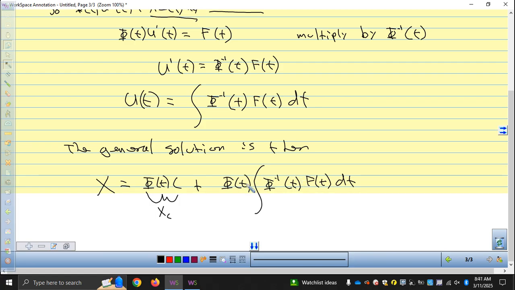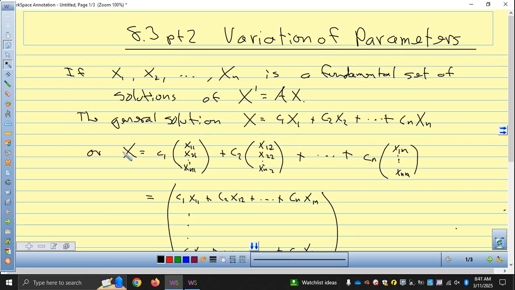So phi of t sort of has to do with the Wronskian. It's just the matrix of those functions that make up the Wronskian. Yes? Wait, the c on like the x of c, or that's just like c1, c2? Yeah, that's this solution that we get for our homogeneous equation.